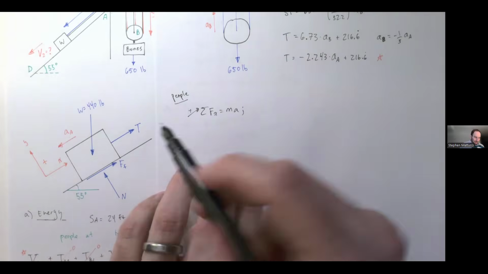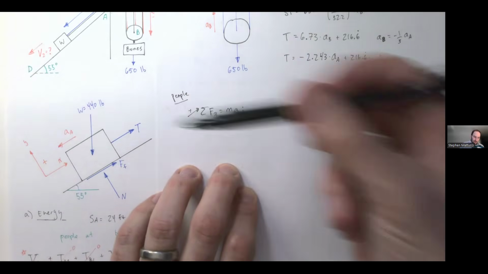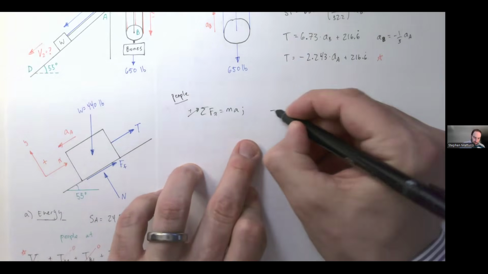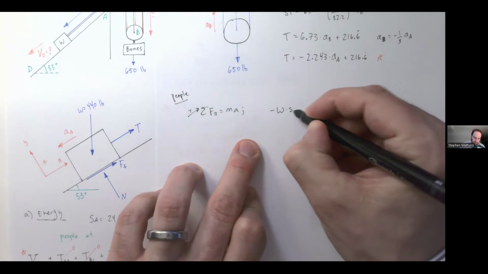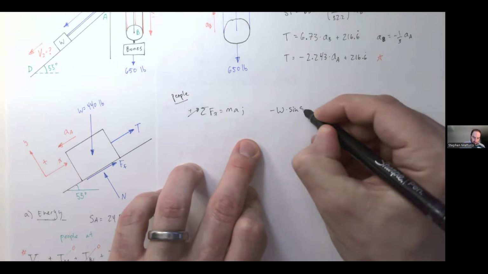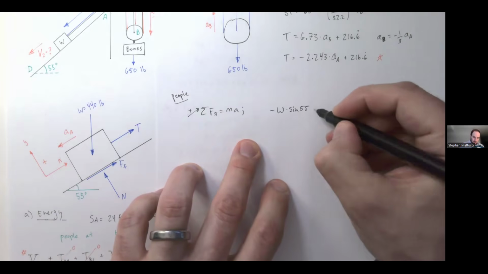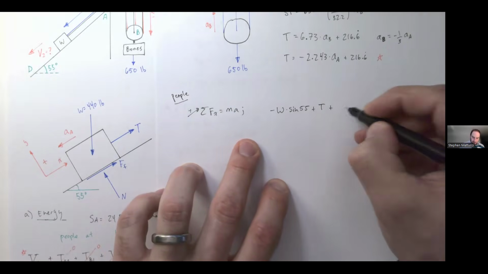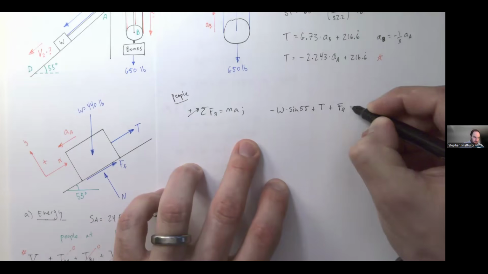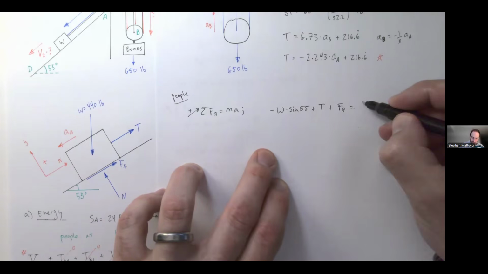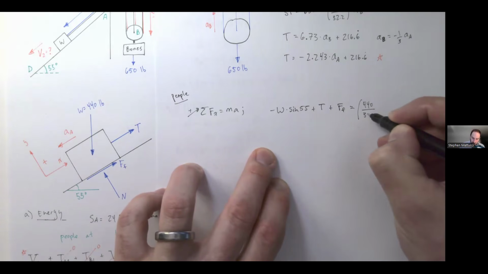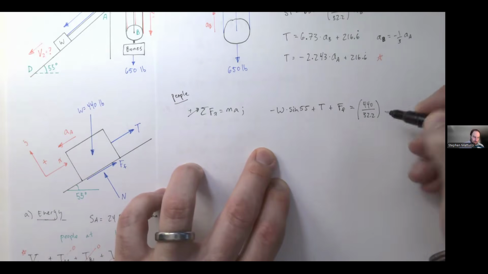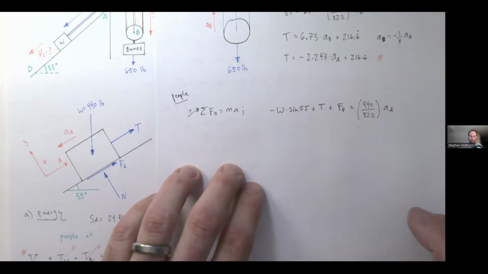So we're going to have the x component of the weight acting downwards, negative W times sine 55, plus tension, which is acting in the positive direction, plus force of friction, which is in the positive direction. Mass is 440 divided by 32.2 times acceleration of A.